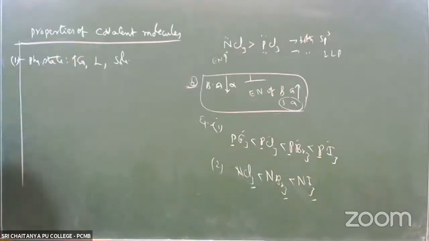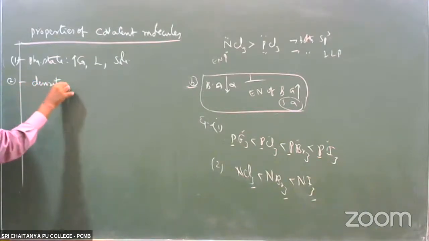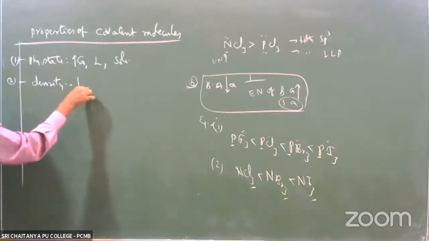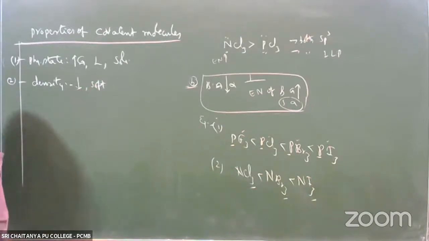Next one, density. Ionic compounds have high density, but covalent compounds have less density. Ionic compounds are very hard, but covalent molecules are soft.